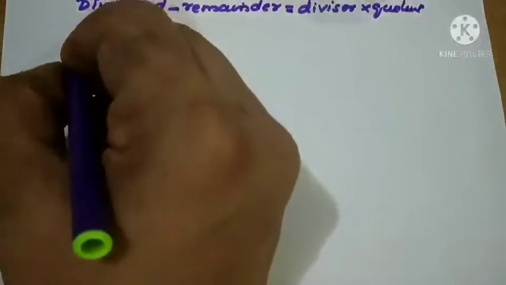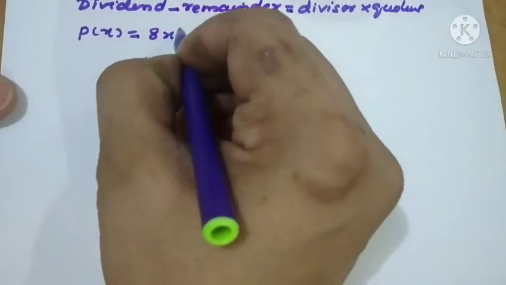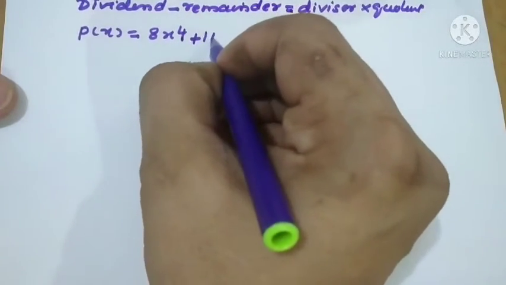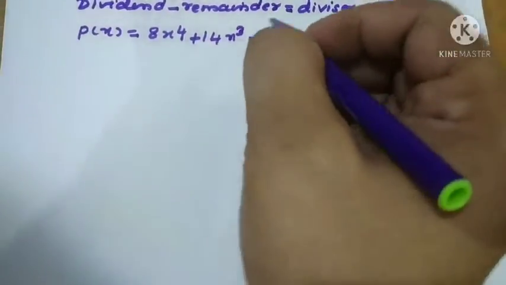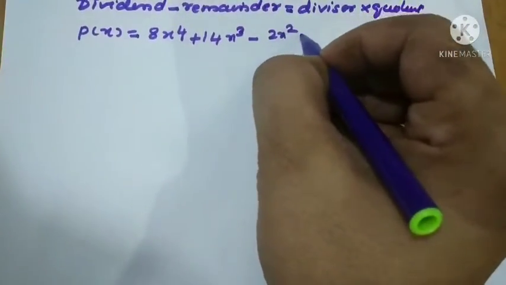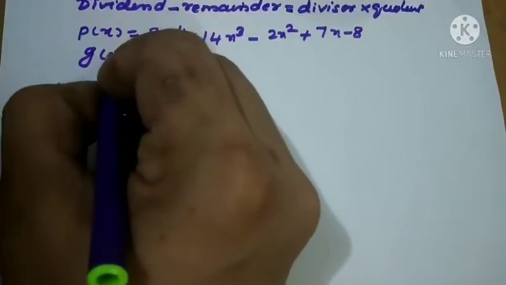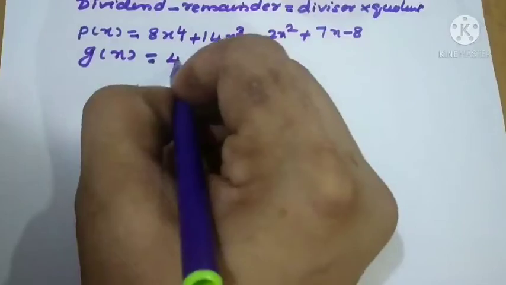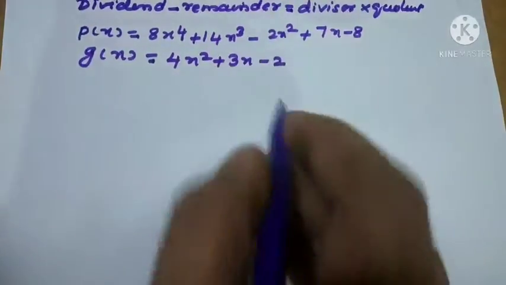So let me take down what is p of x in the question. p of x equal to 8x raised to 4 plus 14x cube minus 2x square plus 7x minus 8. Now what is g of x? g of x equal to 4x square plus 3x minus 2. So now we have to go for the long division method.